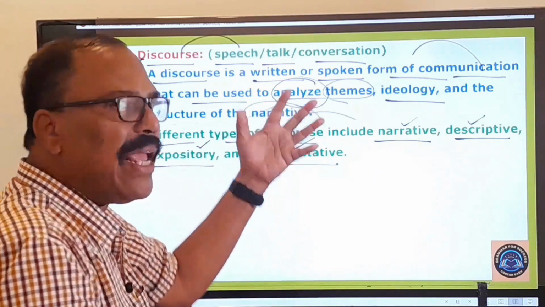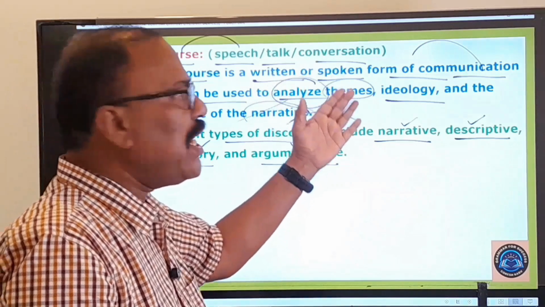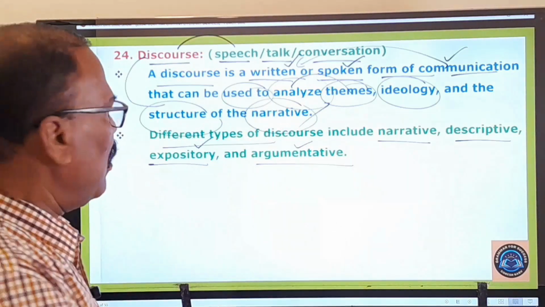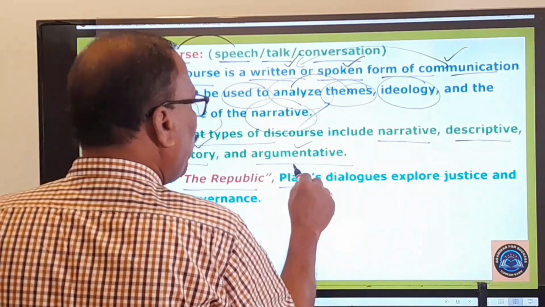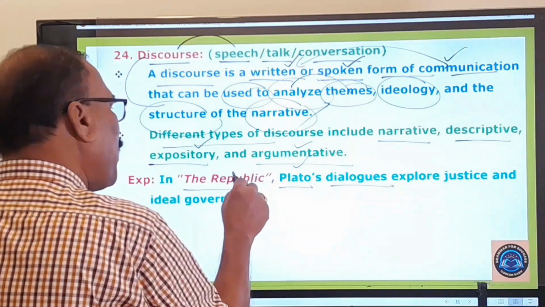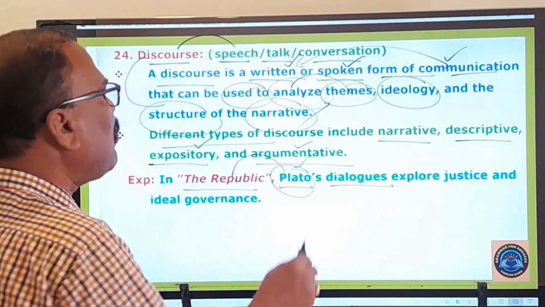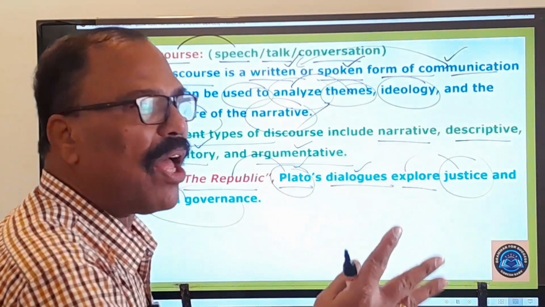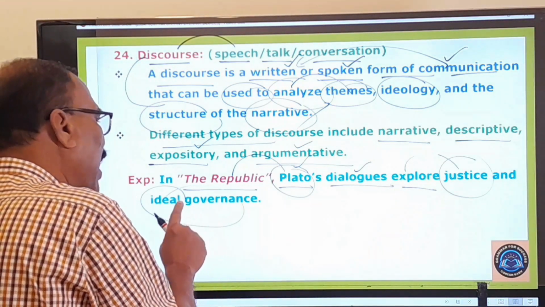The main aim of these discourses is to analyze the themes, ideology, and the structure of the narratives. So one example I would like to give you here. The Republic is there, written by Plato. In this Republic you can find all dialogues, all discourses rather. Why? In order to tell the people about the value of justice and the value of ideal governance.